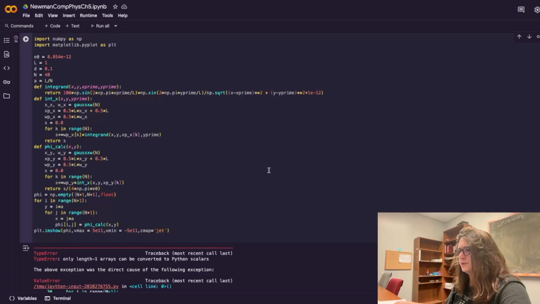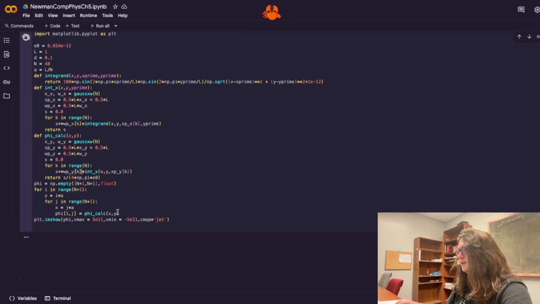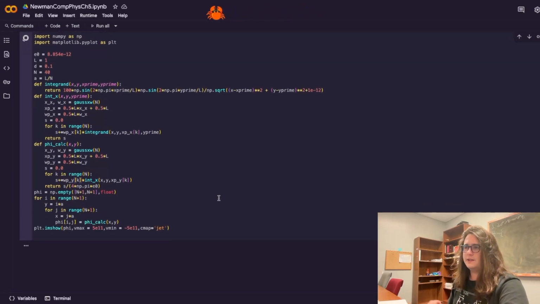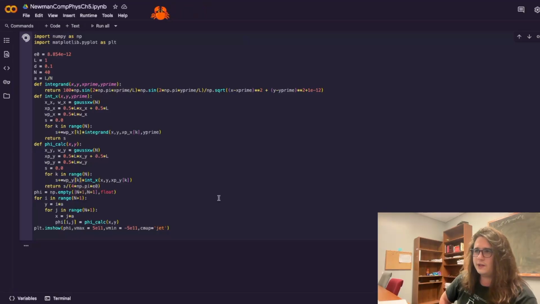I shouldn't return a sequence. Oh, it's because I need to index k in here. Minor mistake. Okay, it's done returning errors right now, which means it's actually running.